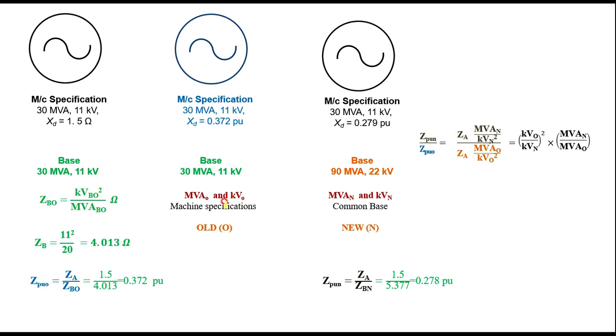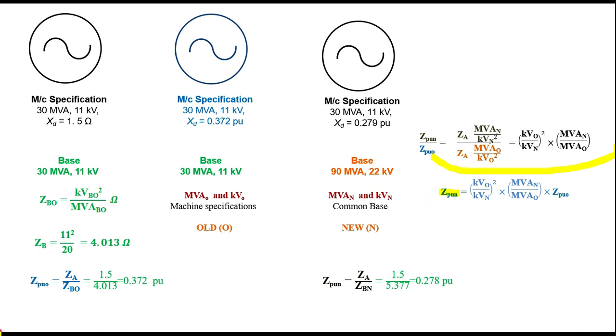Now, if you are substituting, I am putting Z per unit new, and transferring this to the other side. Then what I am getting is kVo square divided by kVn square into MVAn by MVAo into Z per unit old.